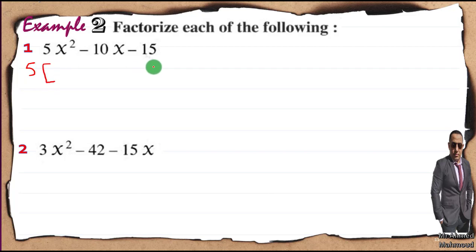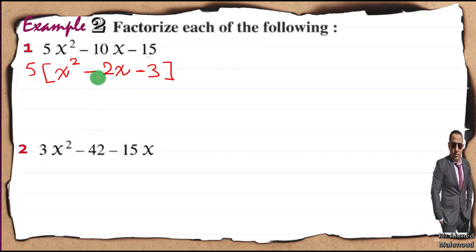Open brackets, and I'm going to divide all of them by 5. 5 divided by 5 is 1, and I don't write 1. X power of 2 drops down. Negative 10 divided by 5 equals negative 2. X drops down. Negative 15 divided by 5 equals negative 3.